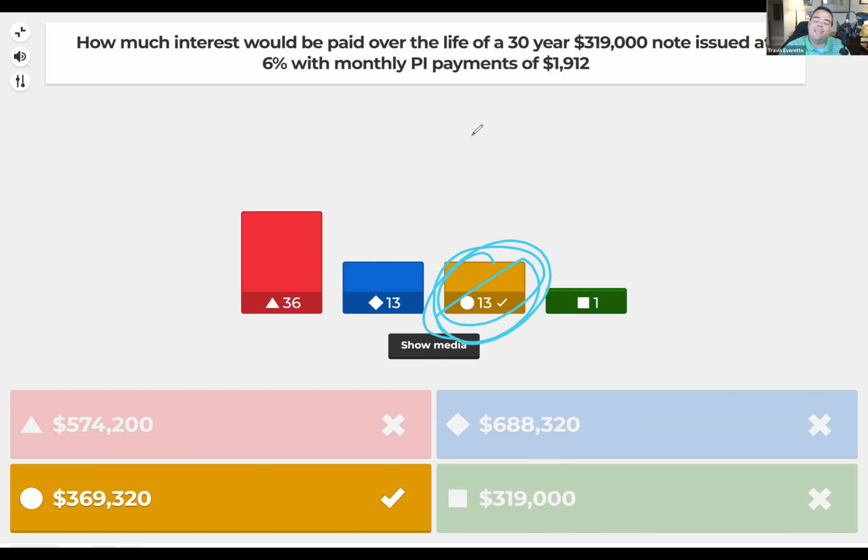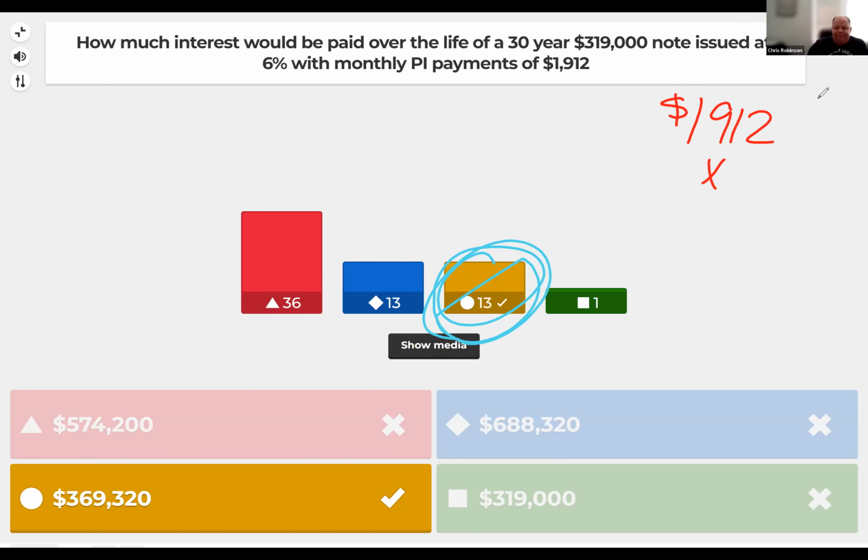$1,912, does it not include the interest? Is interest not built into that payment, folks? It is. Yes. So when they ask you about over the life of the loan, don't we know exactly how many times that payment is going to be made over the life of the loan? Yes. Because if we are paying $1,912 per month, how many months are there in the average year?